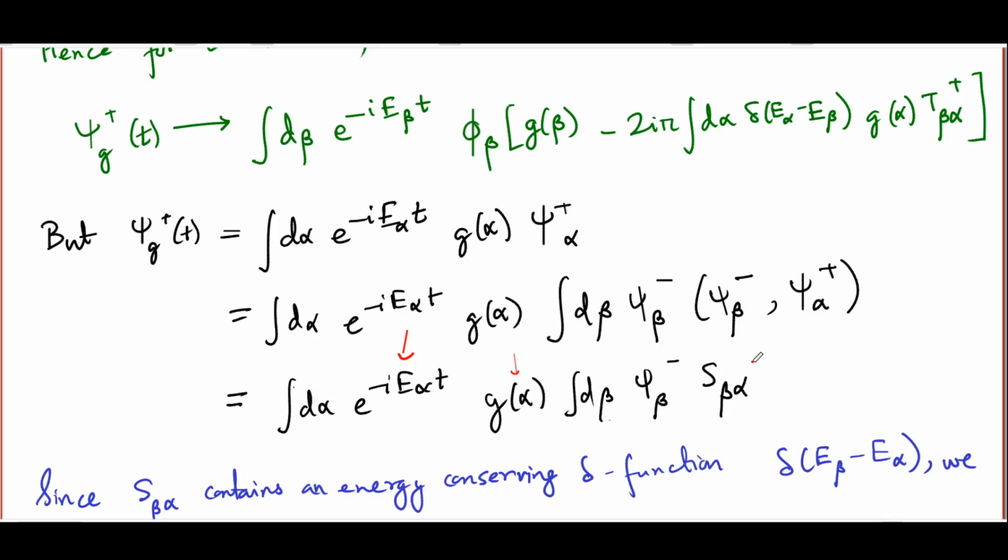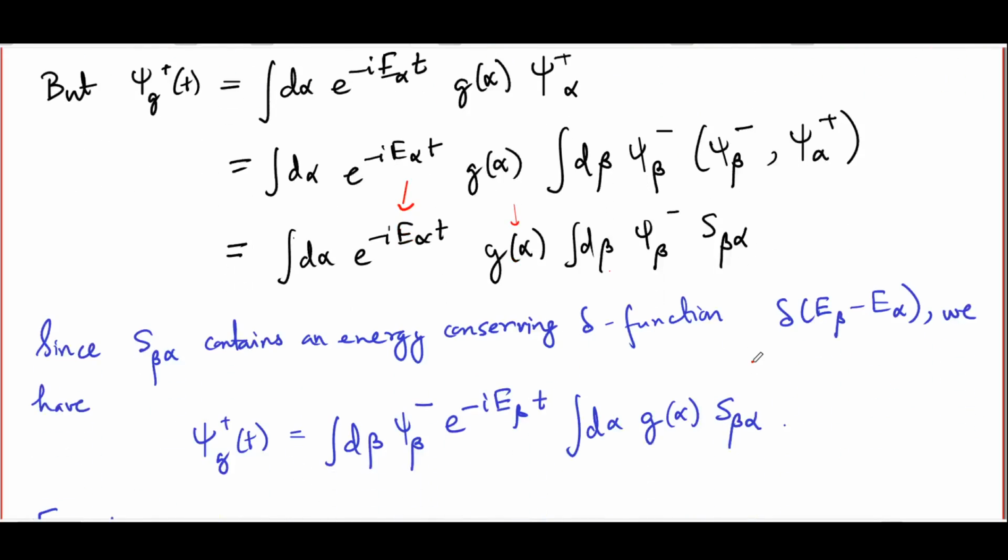Now, because S beta alpha has an energy conserving delta function, you can use that to just say that the energy e to the minus I E alpha t that you have here is actually the same as e to the minus I E beta t, and then interchange alpha and beta integrals to write this as d beta psi beta minus e to the minus I E beta t times this particular integral d alpha G alpha S beta alpha.